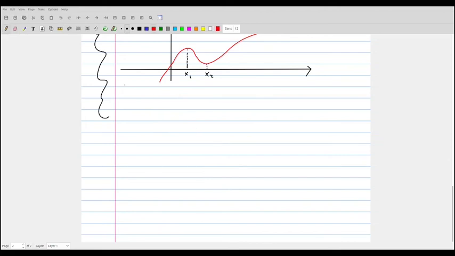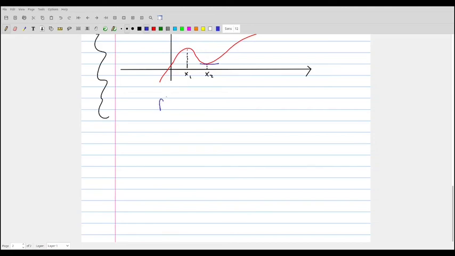So you'll remember from a previous calculus course the idea of a Taylor series of a function. And let's just consider the Taylor series approximation of this function around the point x2, the critical point x2. You remember the Taylor series approximation of a given function is the following.